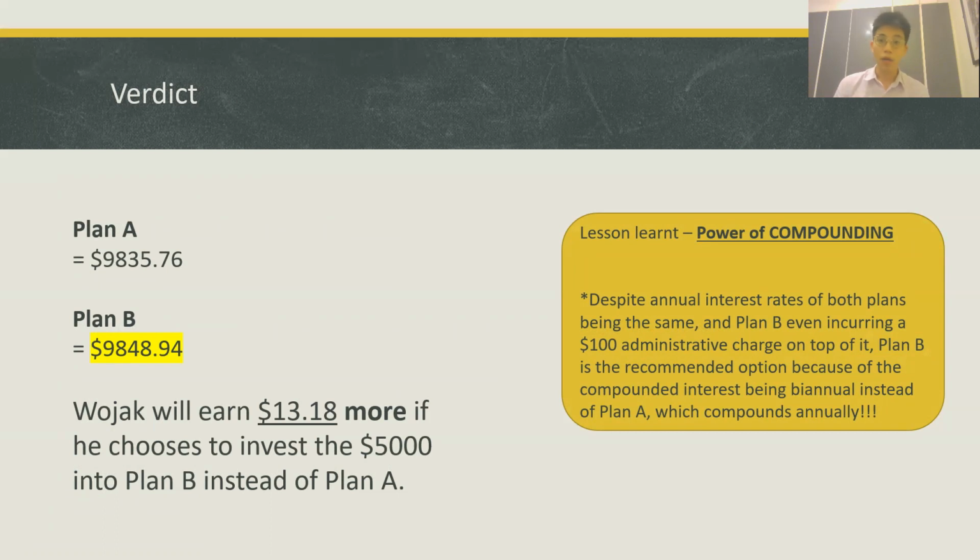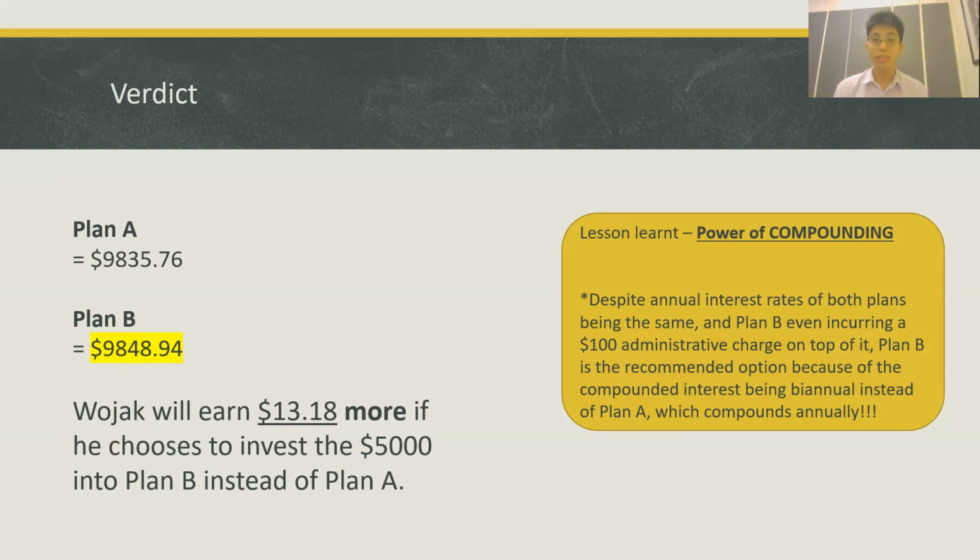And you, as a good friend of Wojciech, would recommend Wojciech to go for plan B, given his current conditions of planning to invest for 10 years and invest $5,000 only. So when you do a comparison, Wojciech will earn $13.18 more if he chooses to invest the $5,000 into plan B instead of plan A.